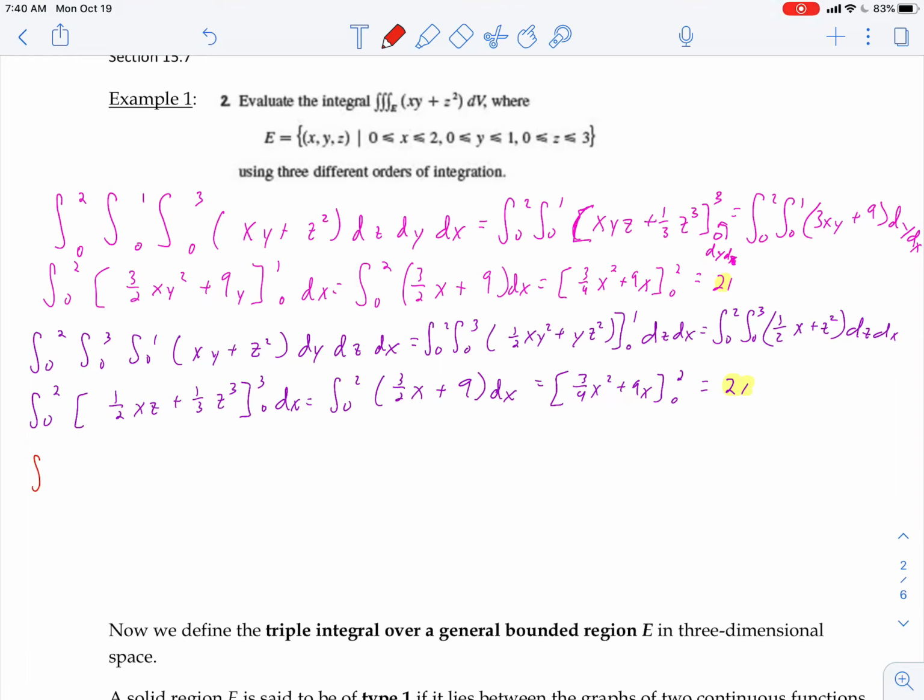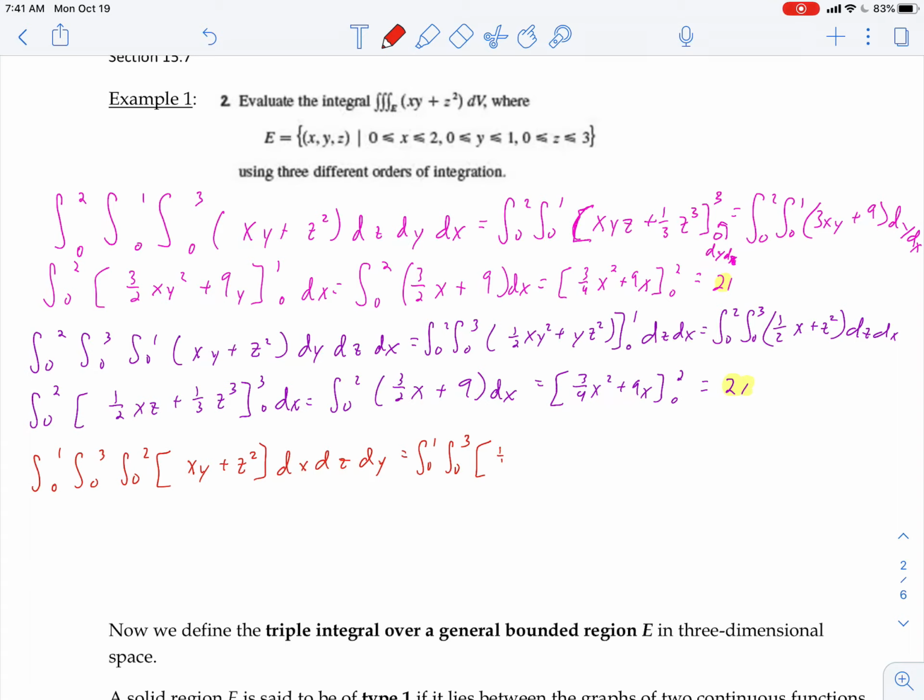All right, and then lastly, let's do it again. Go from 0 to 1 this time, 0 to 3, and then 0 to 2. We'll start off with x inside. So we have xy plus z squared, dx, dz, dy.